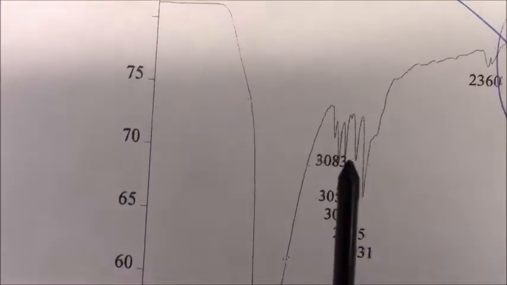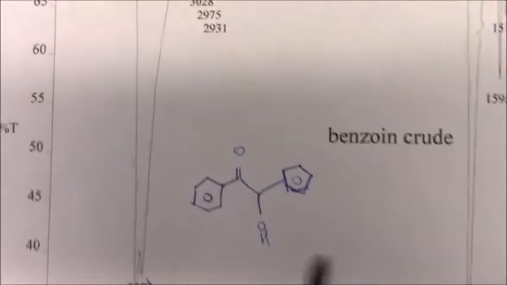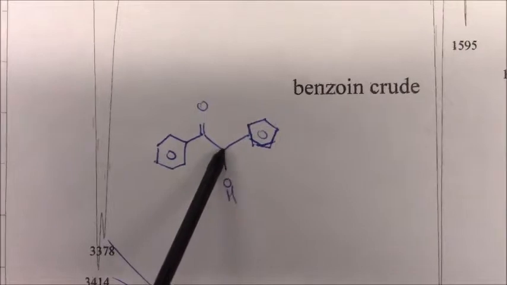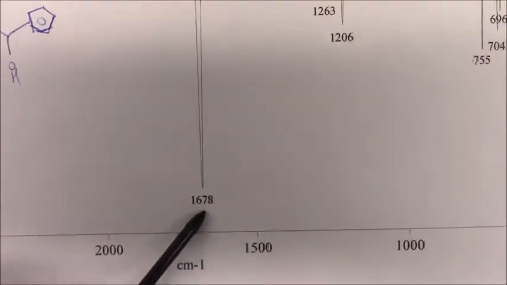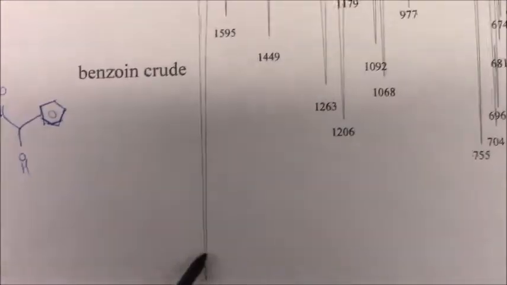The ones here, make it two, that are just under 3,000 would belong to the H that is on that sp3 carbon stretching. Then we move on to the carbonyl 1678. It's that carbonyl C double bond O stretch.